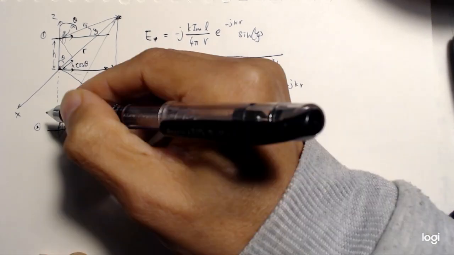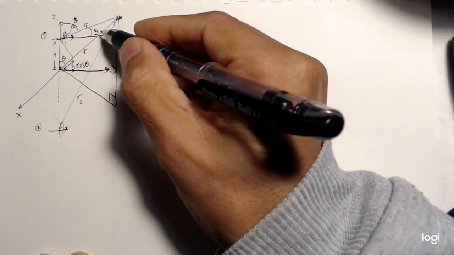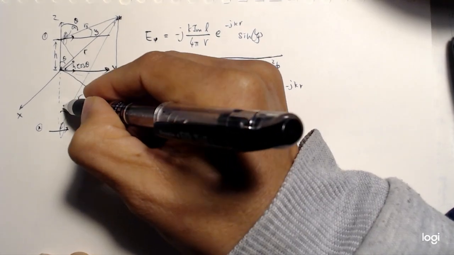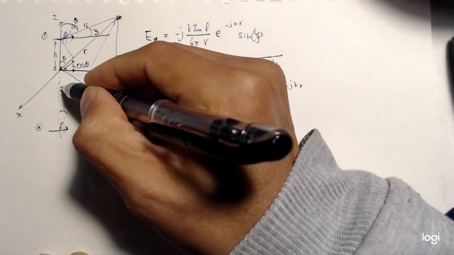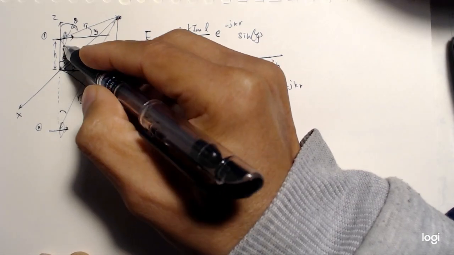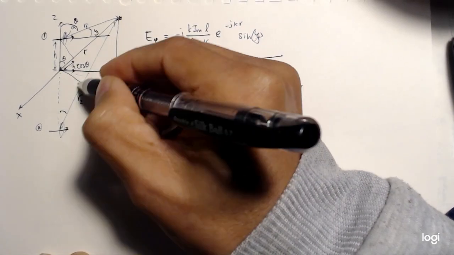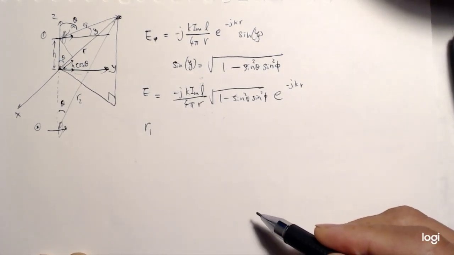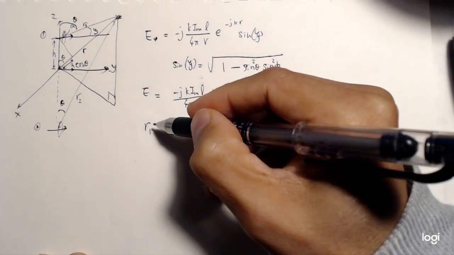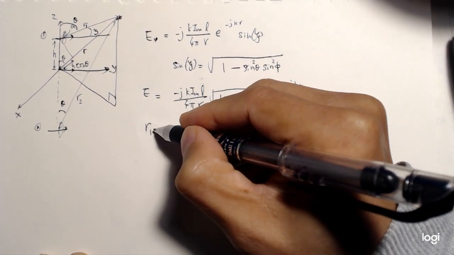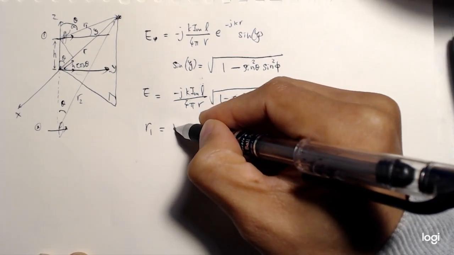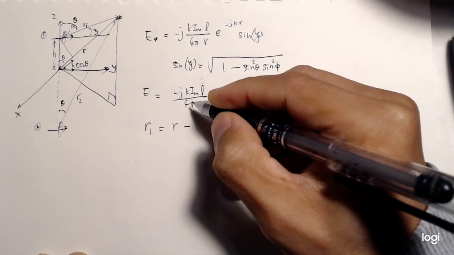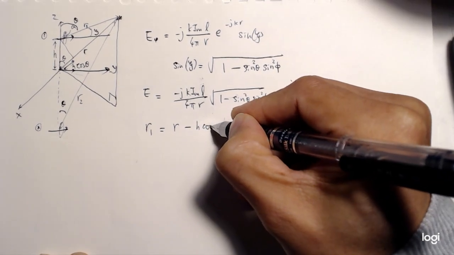Similarly, for the far field, the angle formed by the vertical axis and the arrow pathway is beta. We know R1 is equal to r minus h cosine theta.